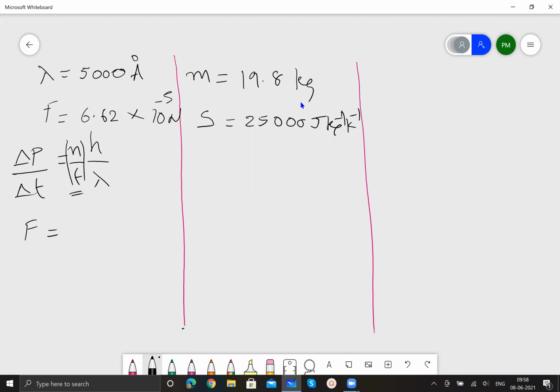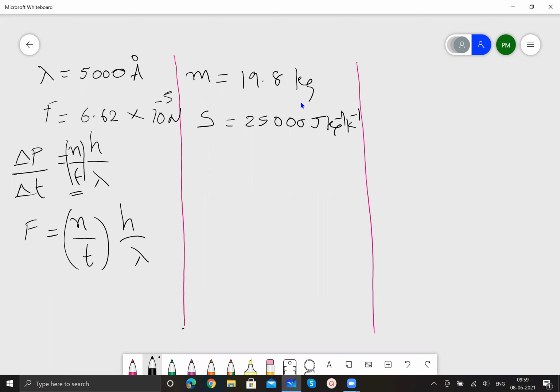Yesterday I told you, whenever you keep your hand under the sun, when the sun radiation is falling on your hand, you will feel some physical sensation because the radiation falling on your hand will exert force and also exert some pressure. That's what I told you the other day. So this is the force. How much will it be? n by t into h by lambda.